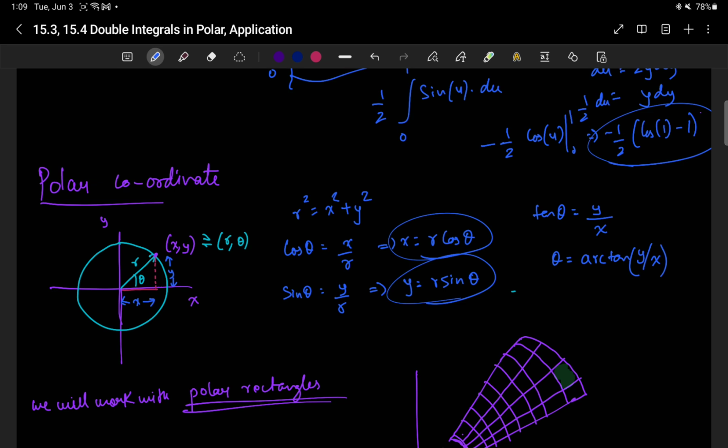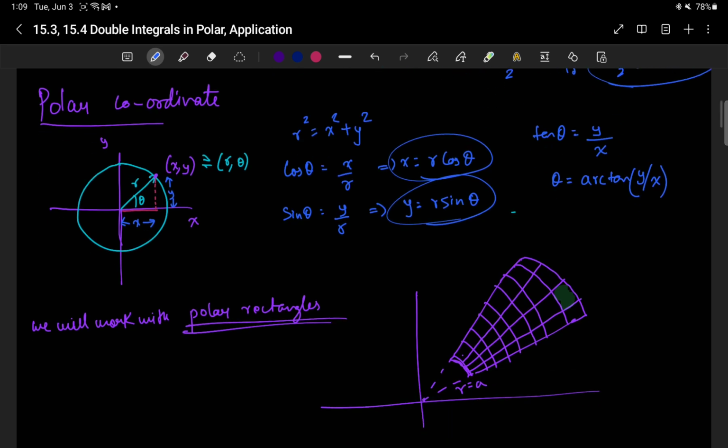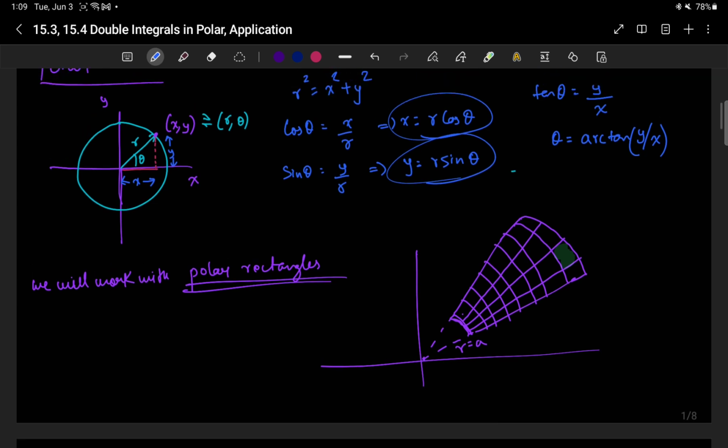Now, when we work with polar coordinates, the way we segment when working with a double integral is slightly different. We don't have regular rectangles. Instead of regular rectangles, we have what are called polar rectangles. So for example, for this shaded rectangle here, the angle varies from one value to another, and the radius varies from some value to another value.